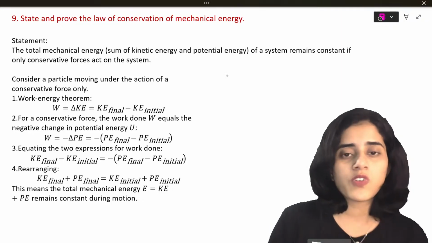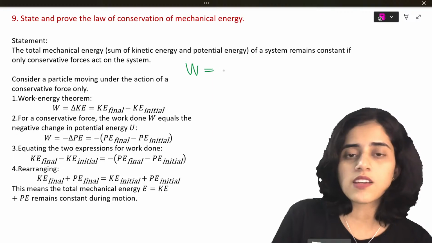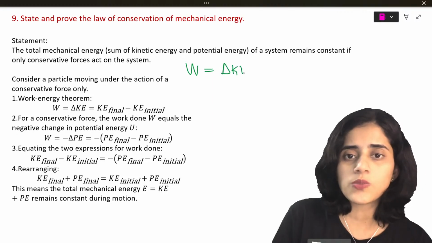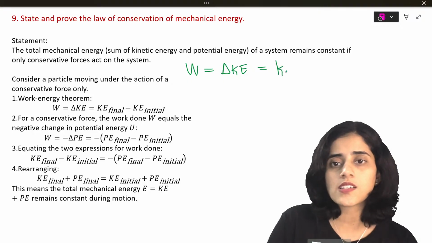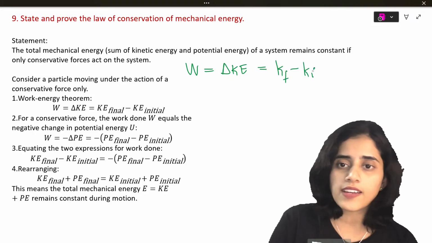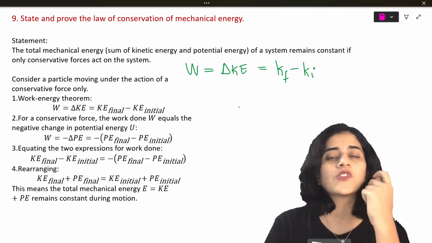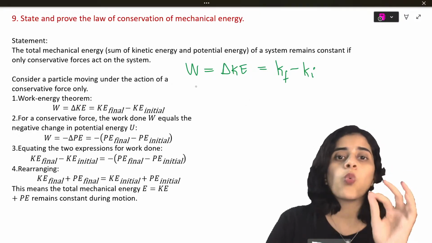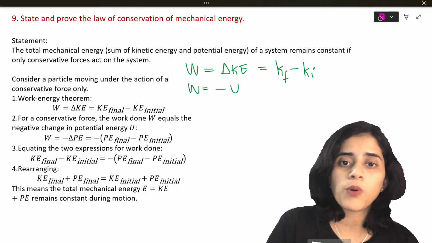The first is the work energy theorem. What does the work energy theorem say? W is equal to delta kinetic energy, which is K final minus K initial. Another thing that we already learned is that for a conservative force, work done is always minus potential energy.